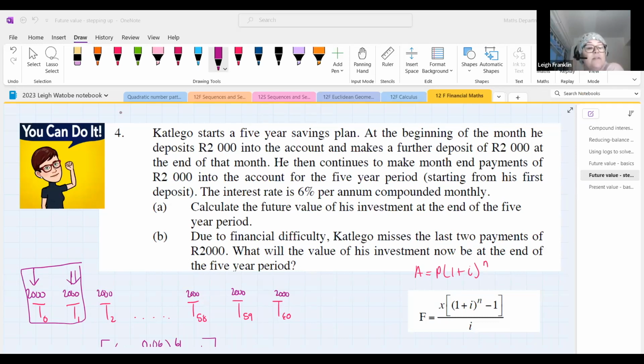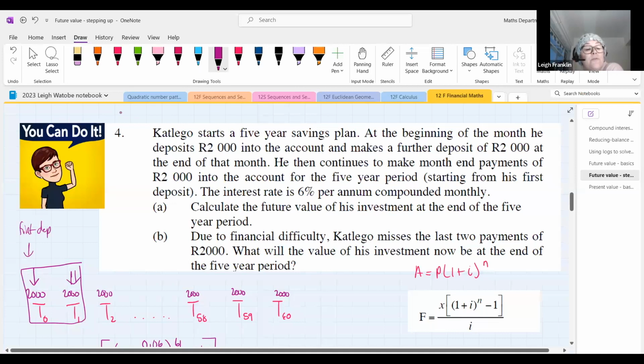Okay, so this is considered here. This is his first deposit. Okay, so for 5 years after that, he deposits 2,000 Rand. So that's why we are saying that the number of payments that he makes will be for 5 years, 12 plus 1, because there are 2 deposits in the first month.